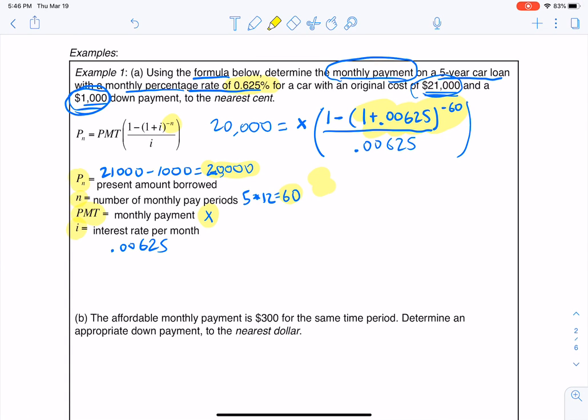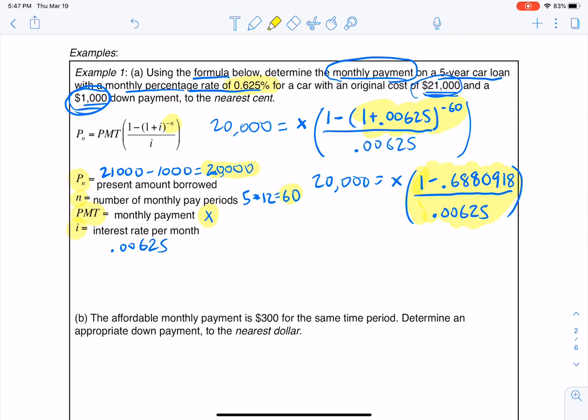All right, so let's rewrite our equation. So 20,000 equals x times 1 minus 0.6880918, divided by 0.00625. At this point, so we're not going back and forth from the calculator too much, I would calculate everything here.